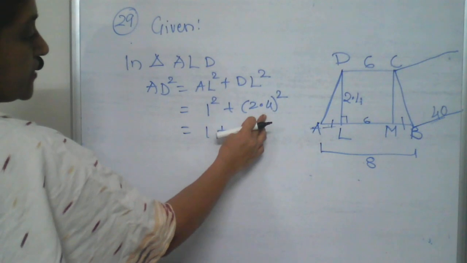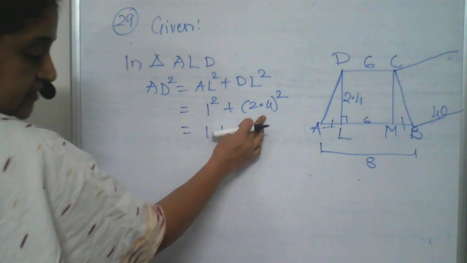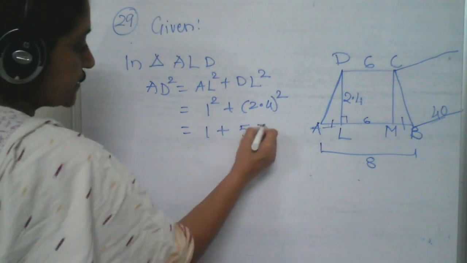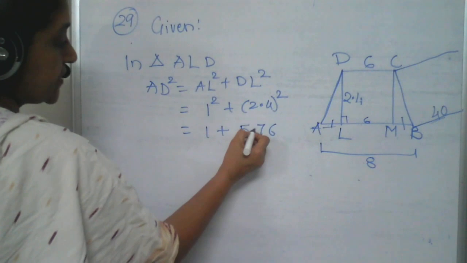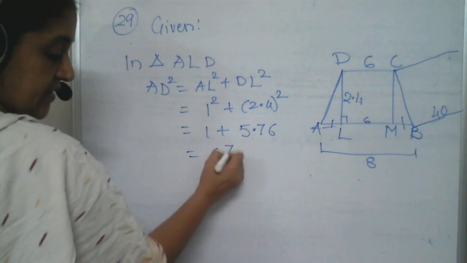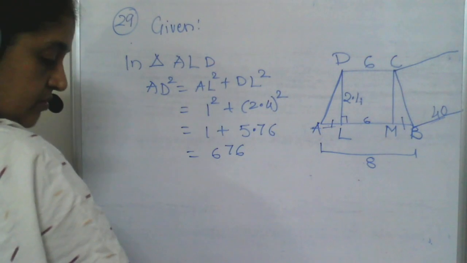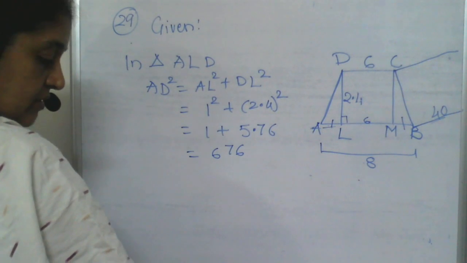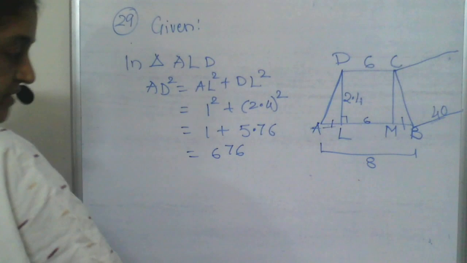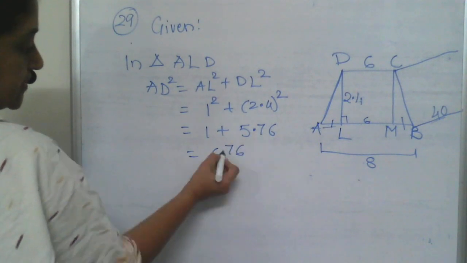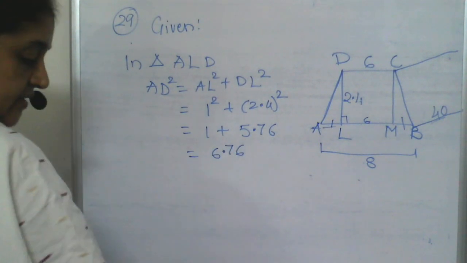So 24 square is 576, but with 2.4 it is 676, no, 5.76. So 1 plus 5.76 you get 6.76.